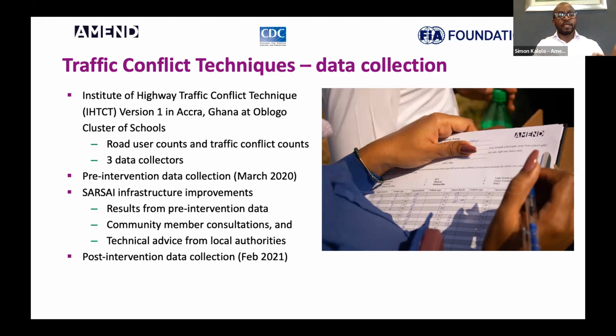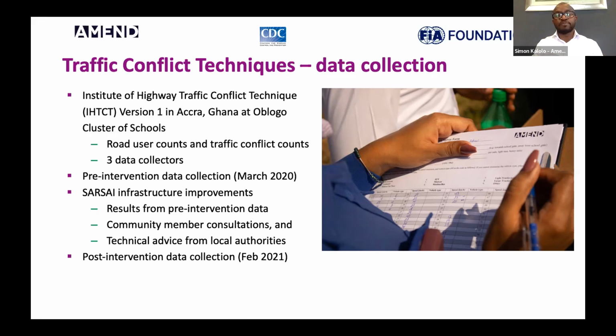And then immediately after that, AMEND, in partnership with the FIA Foundation and of course CDC Foundation, came up with very specific infrastructure improvements. These were part of the results from the pre-intervention data that we collected, but also fundamentally the community member consultations, which are conducted around schools.